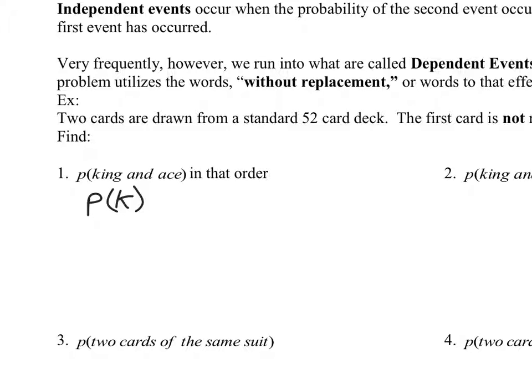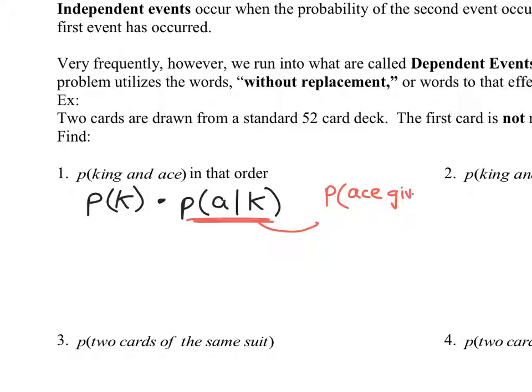So what I'm going to do is denote this as the probability of getting a king times the probability of getting an ace, vertical slash k. What that tells me, this little guy right here, is saying the probability of getting an ace given the first card selected was a king.